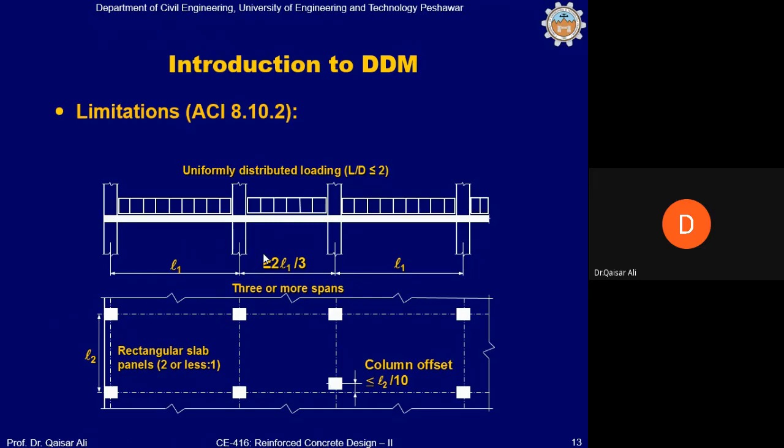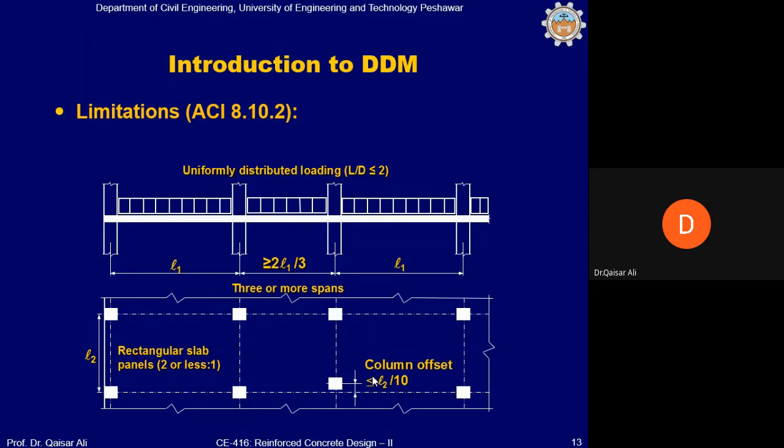One of the strictest conditions in the direct design method is the number of panels. The number of slab panels, that is the spans 1, 2, and 3, shall be at least 3 in both the directions, X and Y. In both the directions, the slab panels should be at least 3.